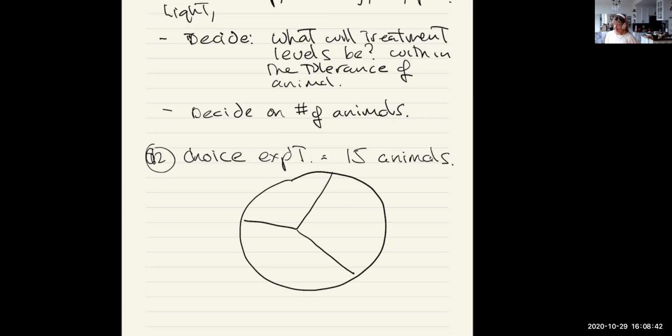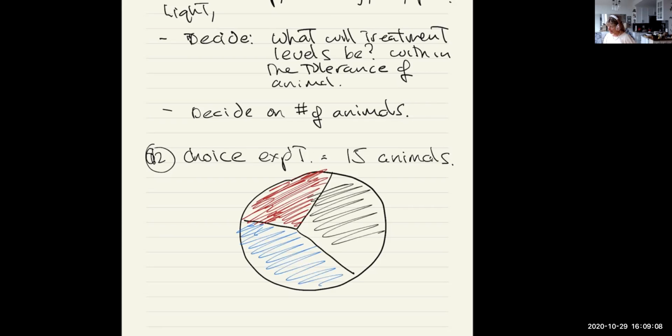And you can test the animals on, for example, color of substrate. So maybe this substrate is red. Substrate is the bottom on which the animals exist. This one is blue. This one is black.